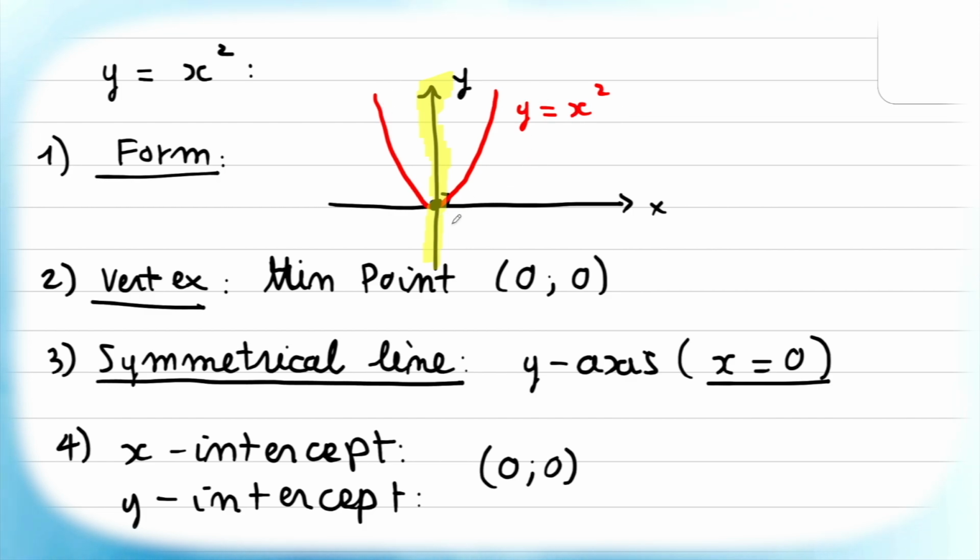We have the form of the smile face here, and then you will have the min point, the vertex of this graph, at the point (0, 0), the origin point. The symmetrical line here has the equation x equal to 0, and the x-intercept and y-intercept are (0, 0). Okay, so that is the graph of y equal to x squared.